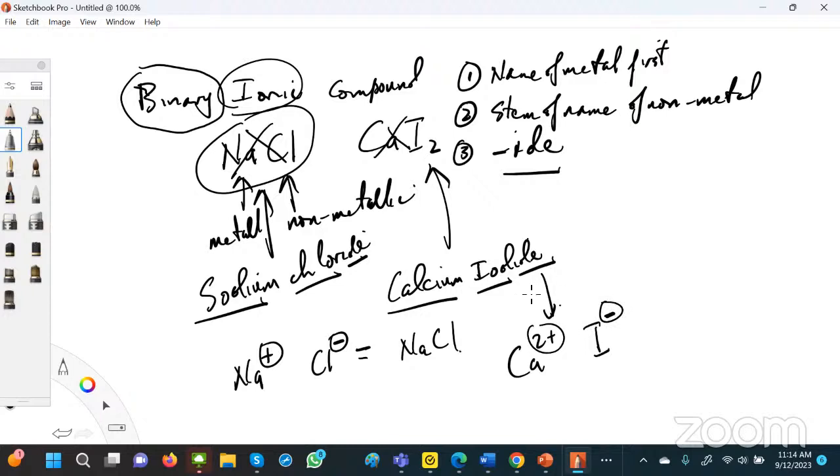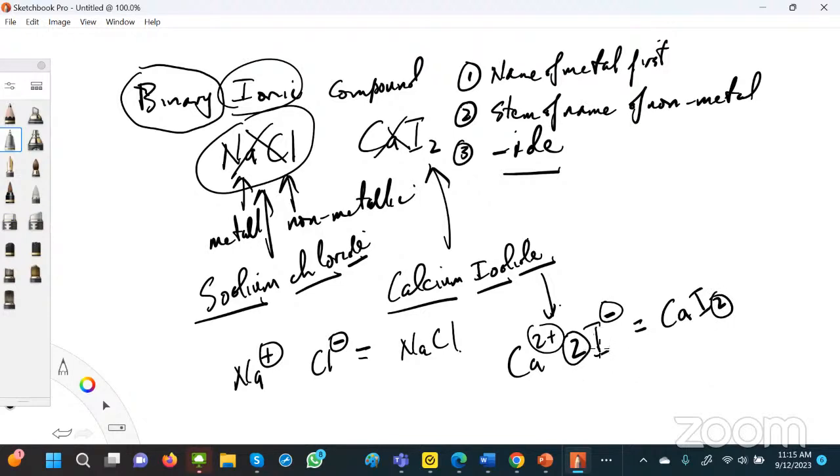In other words, the total number of plus charges must be equal to the total number of negative charges. So how do we achieve that? We simply multiply this by 2, right? And therefore, when you put this together, and please note how this is done, the final answer becomes CaI2, right? In other words, this 2 here becomes the subscript for the iodine in the formula.